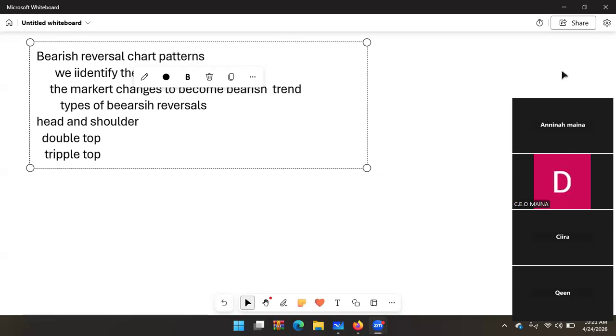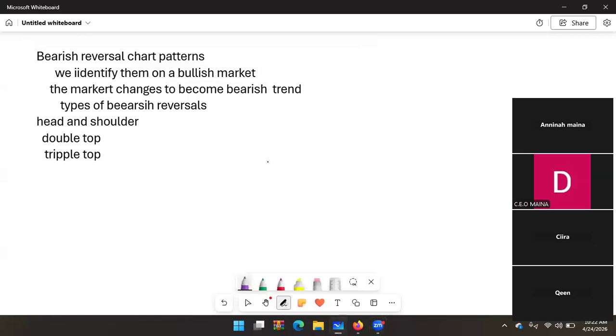We have a double top, a head and shoulder, and a triple top. Now, they are completely opposite of what we did yesterday. They are just a reciprocal, or the opposite of what we did yesterday. So for head and shoulder, it will present itself like this.